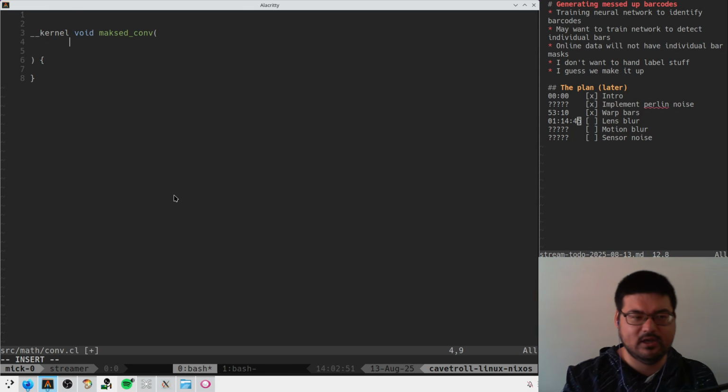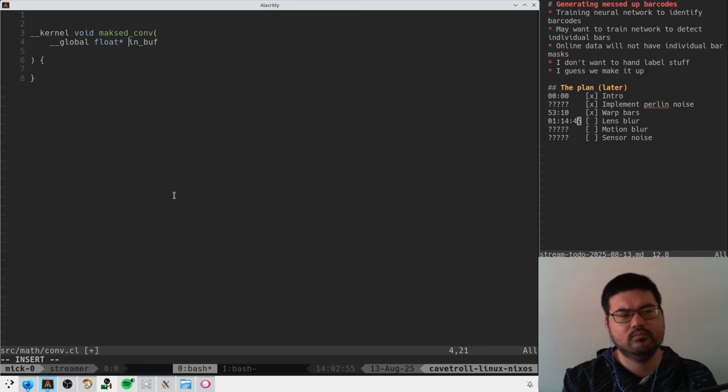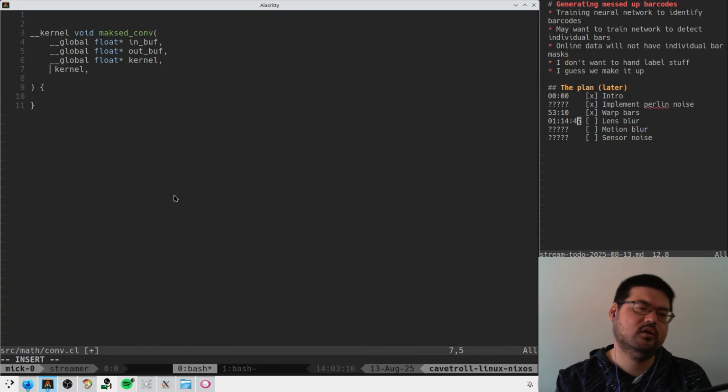So this has to be a copy. So this is inbuff, outbuff. We probably have kernel, and probably kernel width.